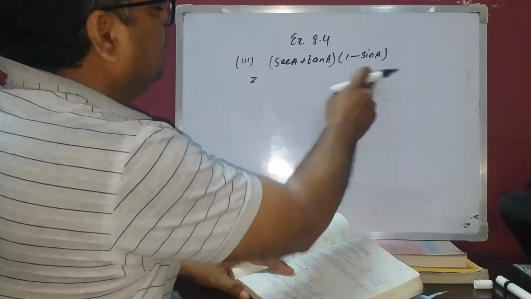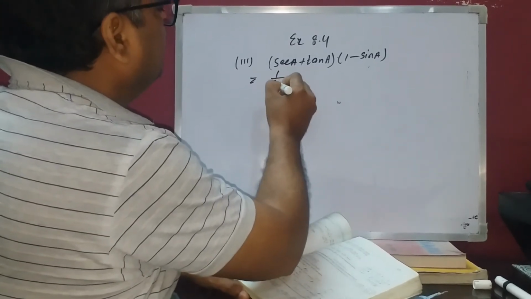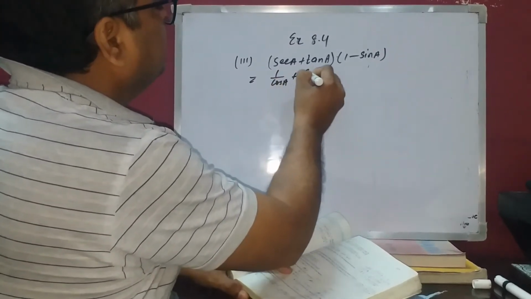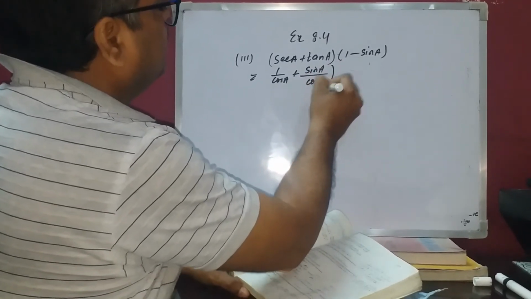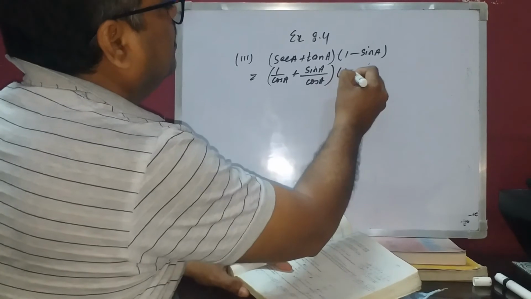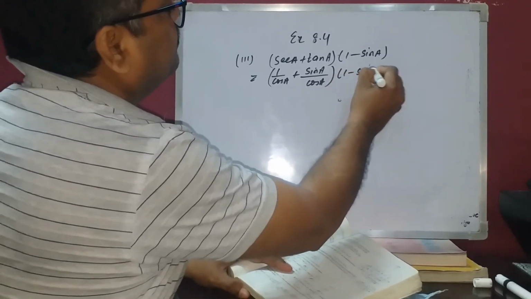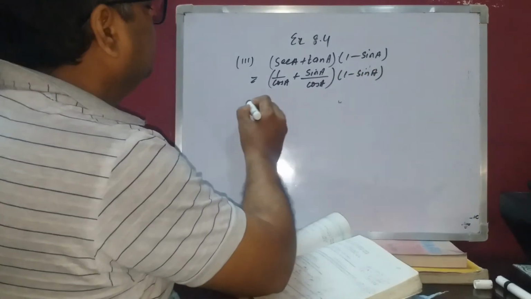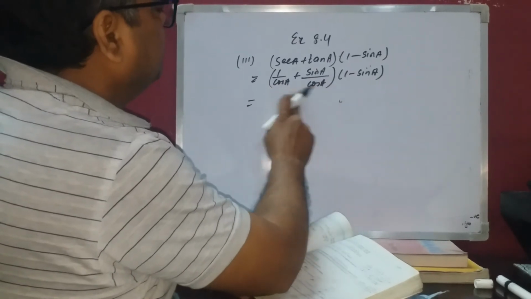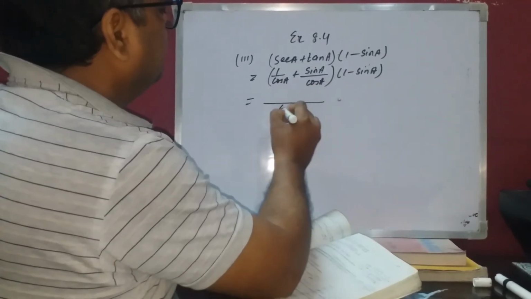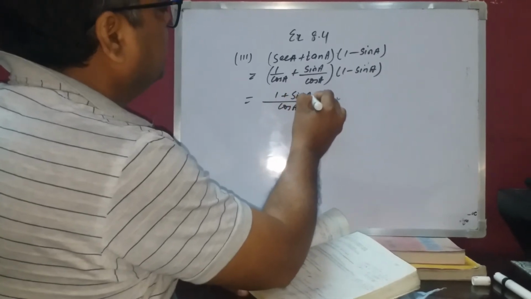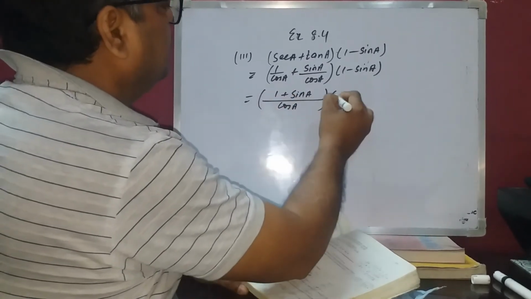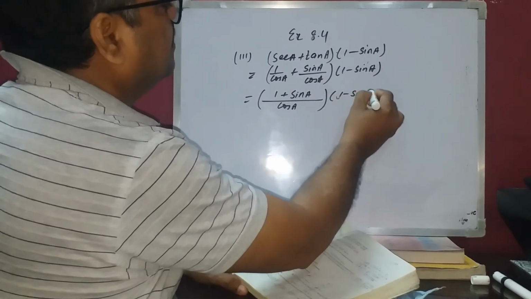Convert it in the form of sin and cos: (1 by cos A plus sin A by cos A) and (1 minus sin A). Now take LCM of this bracket: (1 plus sin A) over cos A, and (1 minus sin A).